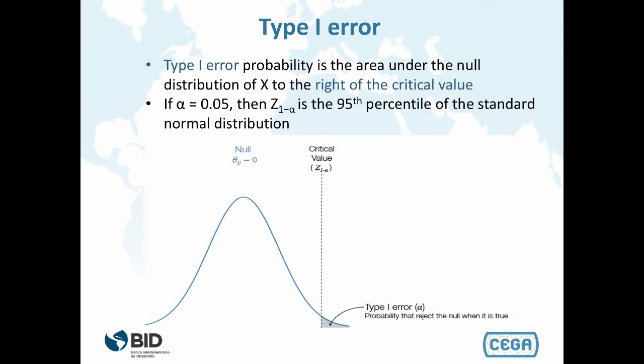If alpha equals 0.05, then the critical value is the 95th percentile of the standard normal distribution. And if you look at the curve below, the critical value z1 minus alpha, the area under the curve to the right of that is the type 1 error. In this case, a 0.05 region, or a 5% probability of a type 1 error.